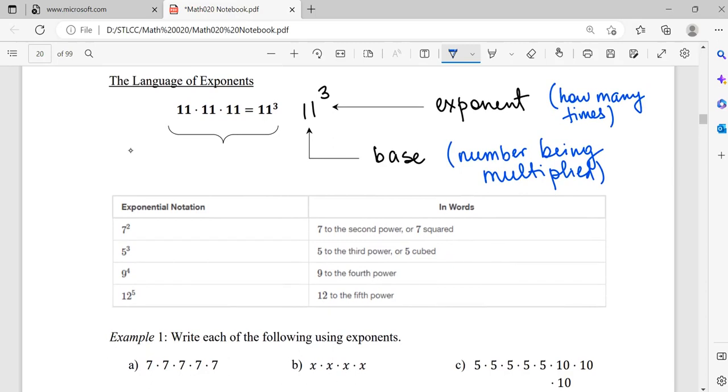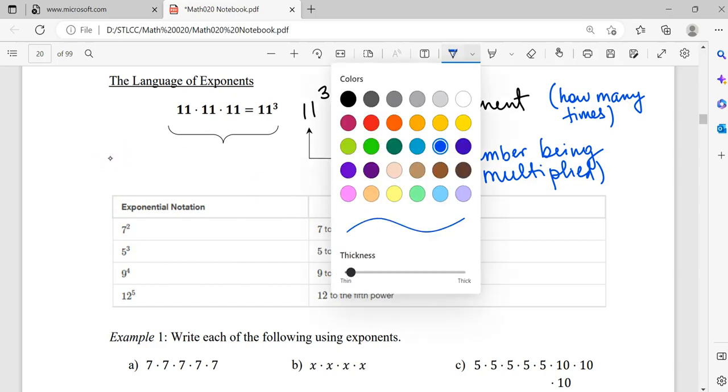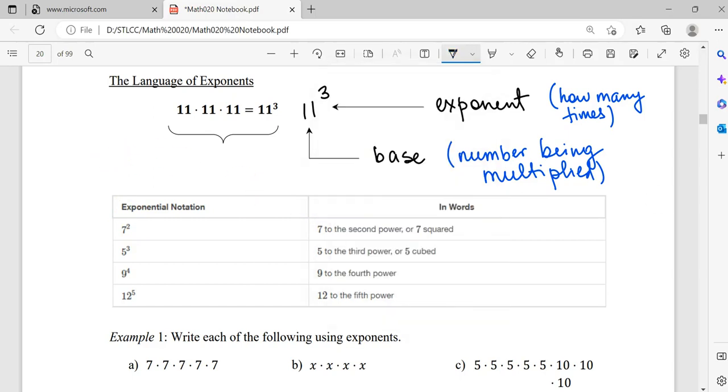Here's a couple of examples. You have the exponential notation 7 squared. That means 7 to the second power, or 7 squared, and if I were to write that as a multiplication problem, that would be 7 times 7. 5 to the power 3 is read as 5 to the third power, 5 cubed, or 5 times 5 times 5.